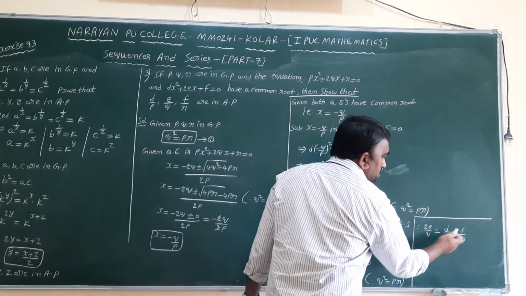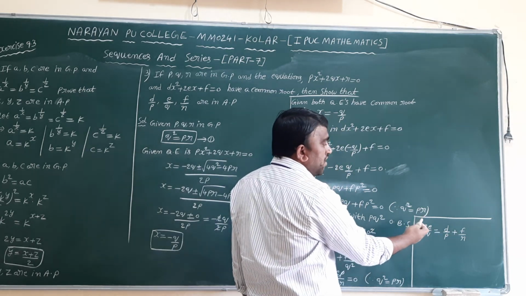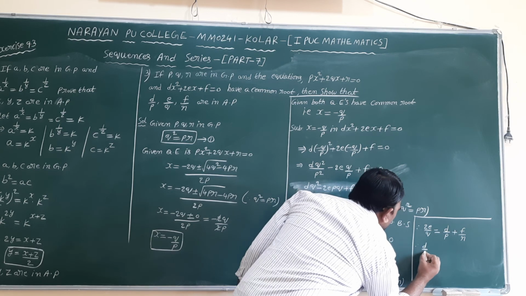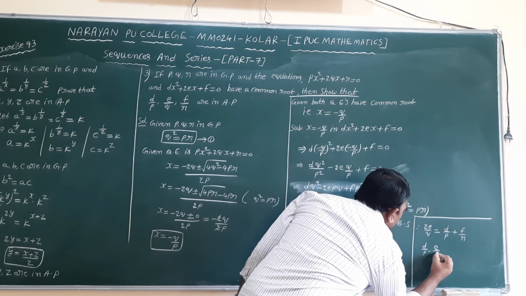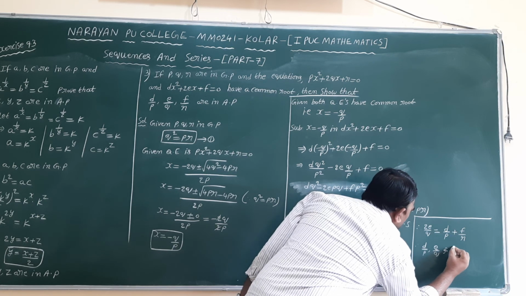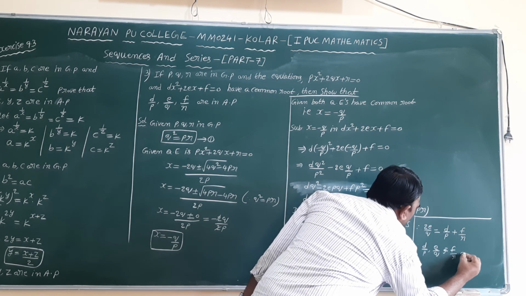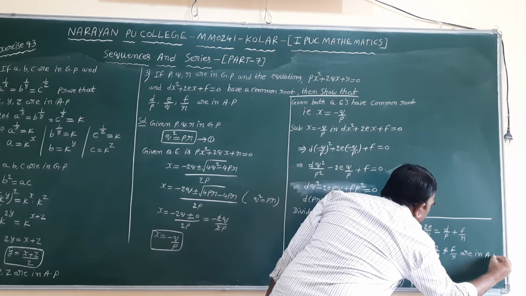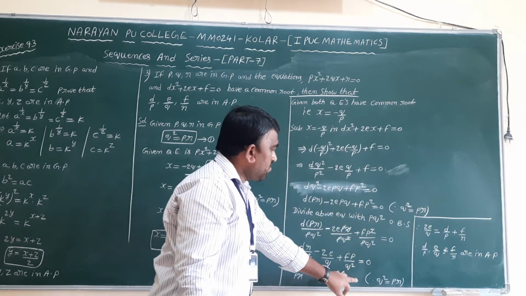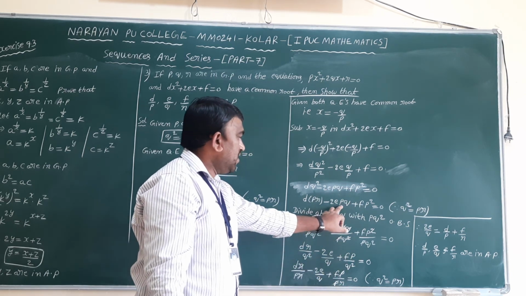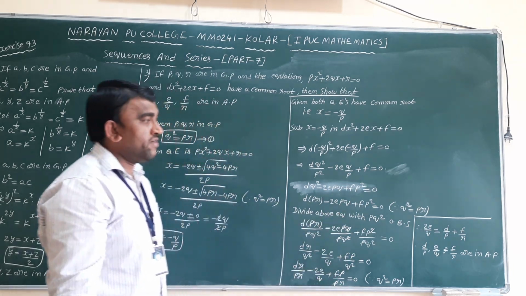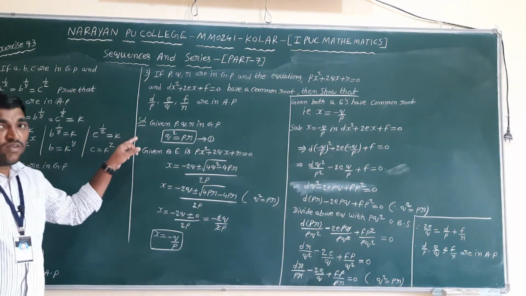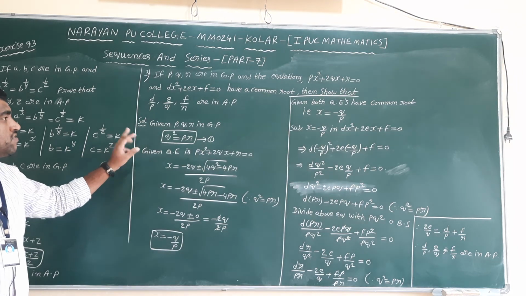Now these three terms are in arithmetic progression, 2b equal to a plus c. Therefore d by p, e by q and f by r are in AP. Here we need to take q square equal to pr in each place and simplify. With this example, the sequence and series chapter is completed.